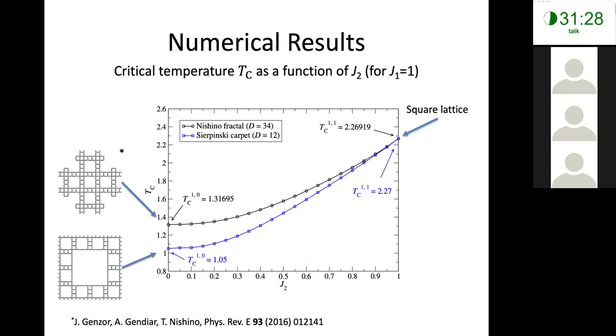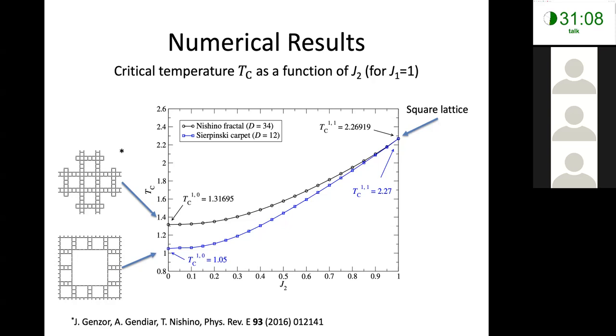We see that, for example, the critical temperature slowly increases from the critical temperature for the fractal case all the way up to the exact critical temperature for the square lattice case when J2 is equal to 1.